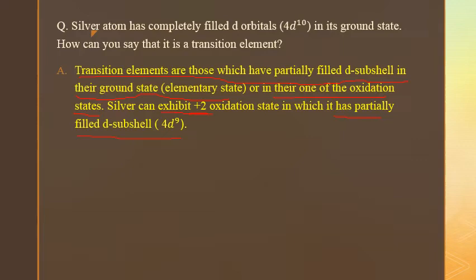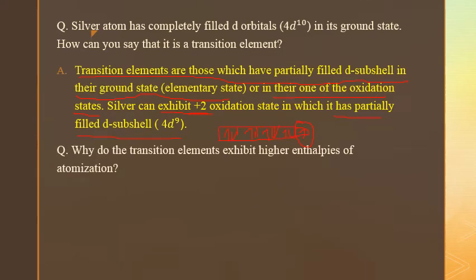As we know, the d subshell has 5 orbitals, and among the 5 orbitals there are 9 electrons: 1, 2, 3, 4, 5 and 6, 7, 8 and 9. So one d orbital is partially filled here. It has 1 unpaired electron, so that's why we will consider silver as a transition element.